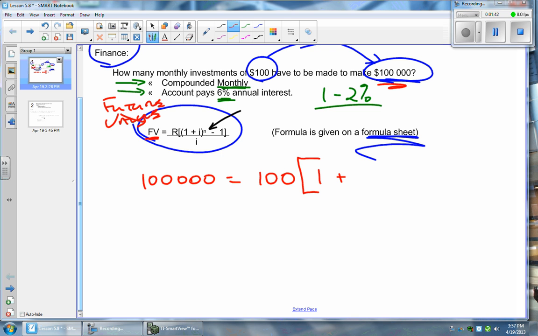Now, here's the thing. Here's the real big deal. You're told that you're at 6% annual. That means per year, but you're figuring it out monthly. So my question is, what is the interest rate per month? And the interest rate per month, surprisingly, is 6% for the year divided by 12 months.